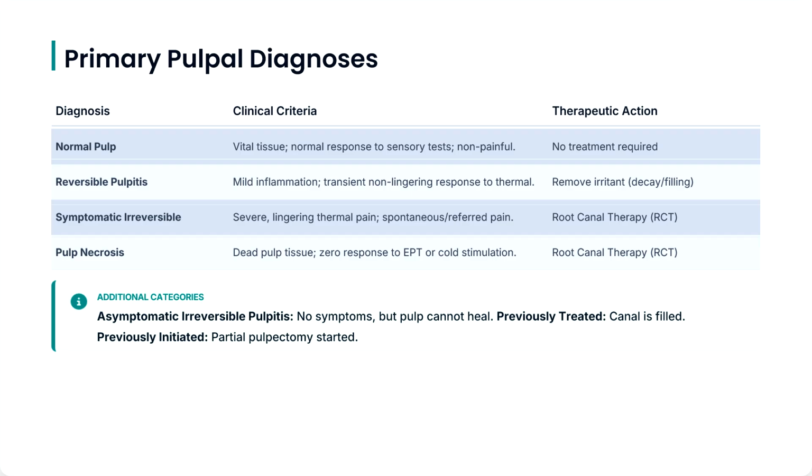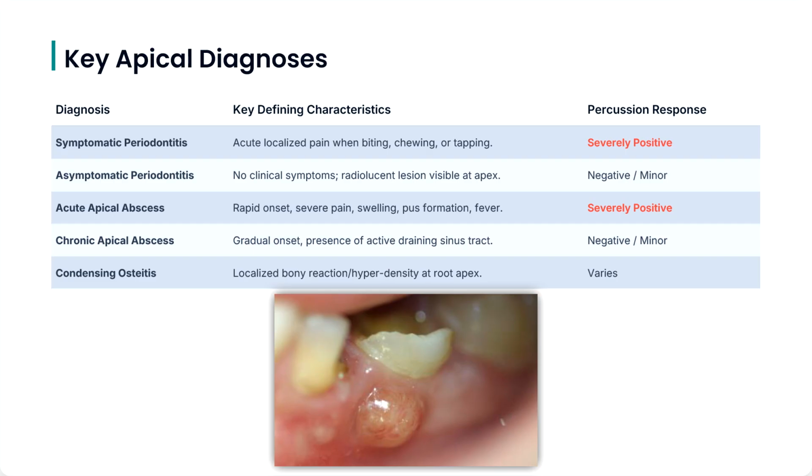But on the next slide, they want to talk about the apex. Where's the apex of the tooth? The apex. Where do all the nerves and roots come out of? At the bottom of the roots. Boom! Apical diagnoses.